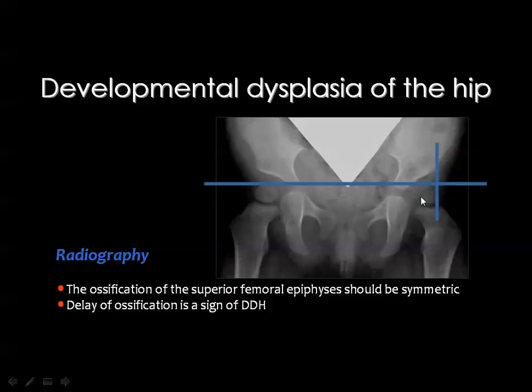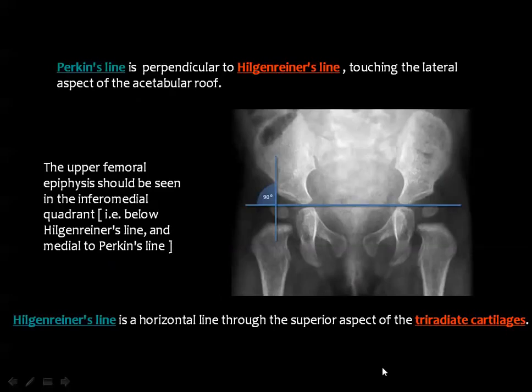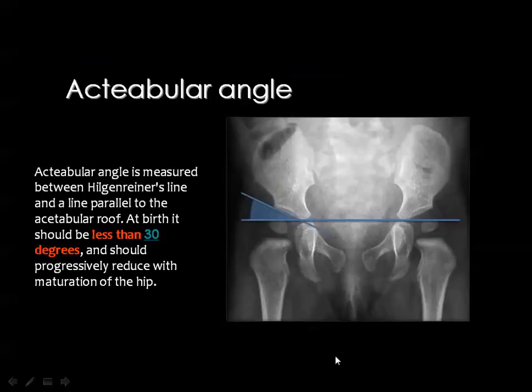Normally the capital femoral epiphysis will be in the lower inner quadrant of this diagram. These are the two lines. One is touching the triradiate cartilage of the acetabulum, and another line is perpendicular to it. Then normally you will see the femoral head within the lower inner quadrant of this diagram.